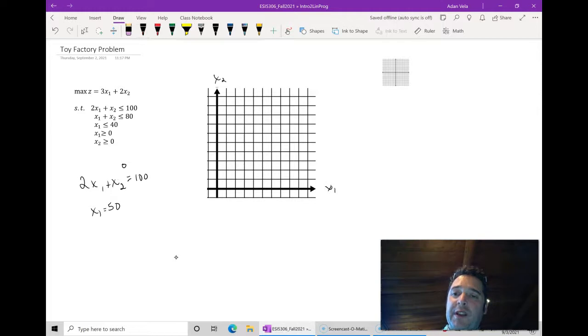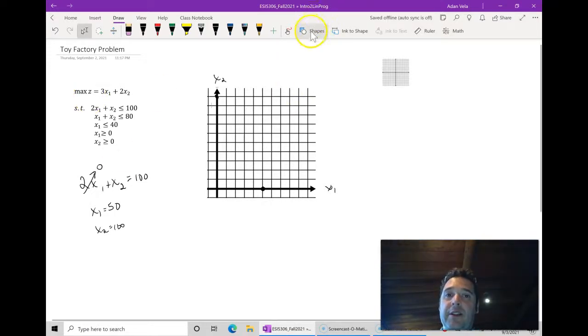If we repeat the same process, but this time set x1 to be 0, then x2 is equal to 100. That allows us to mark off the intercepts. So that's the first intercept, and then the next one, 1, 2, 3, 4, 5, 6, 7, 8, 9, 10, is right here. And we're just going to draw a line connecting them.